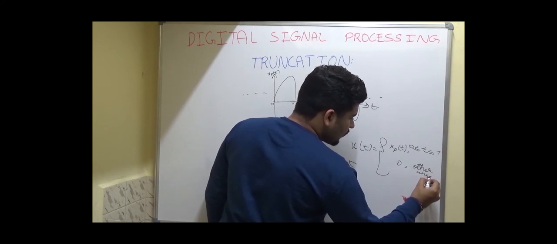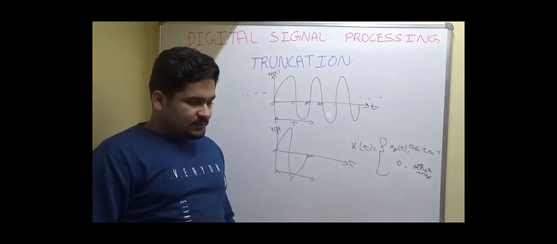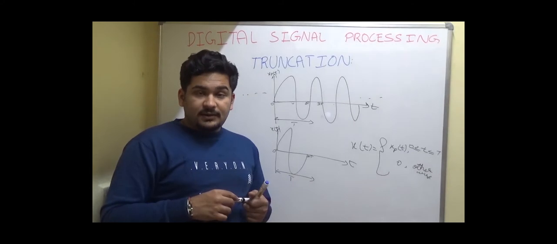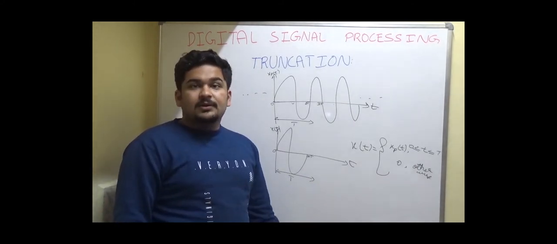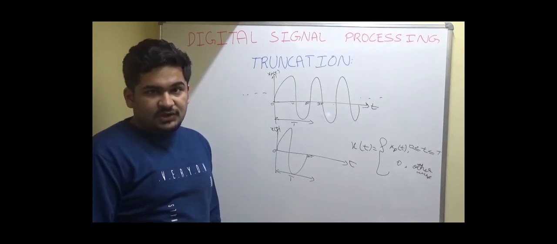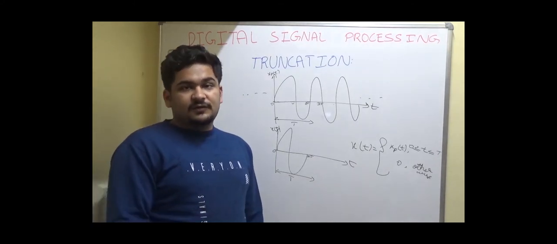Okay, 0 otherwise. So this is how the truncation or truncated signal is defined. Now once we are done with the process of truncation, let us see the process of extension.